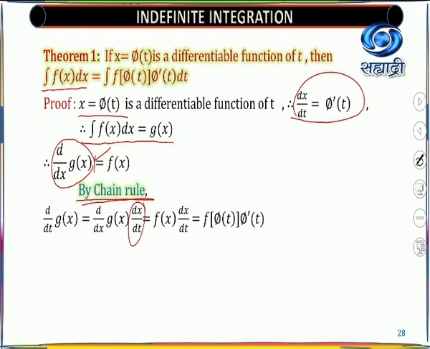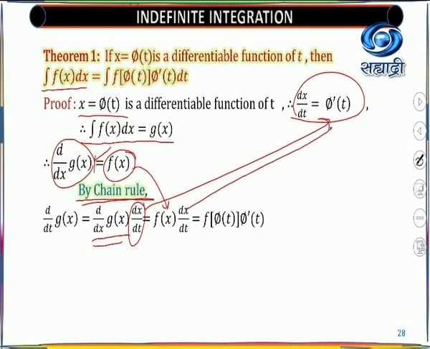The dx upon dt value is known to you; that is phi dash of t. And what is d by dx of g(x)? It is f(x). That we are substituting here. So d by dx of g(x) is equal to f(x), and dx by dt, that value you will get from here, which is phi dash of t. Okay, so you will get this function.